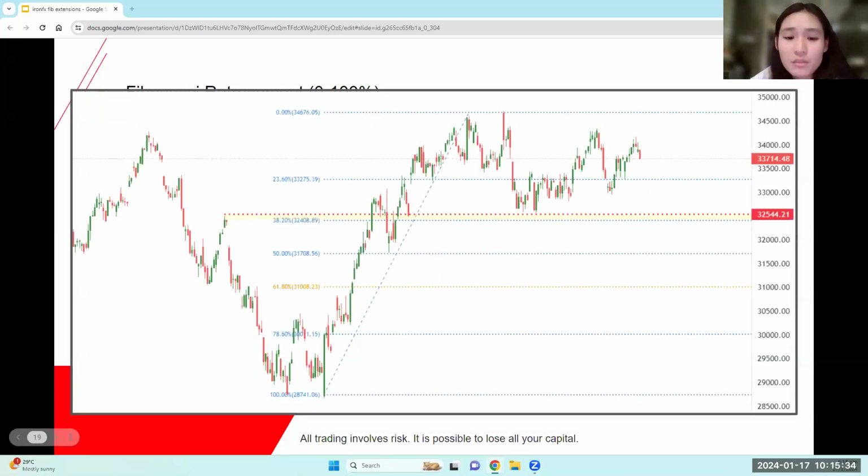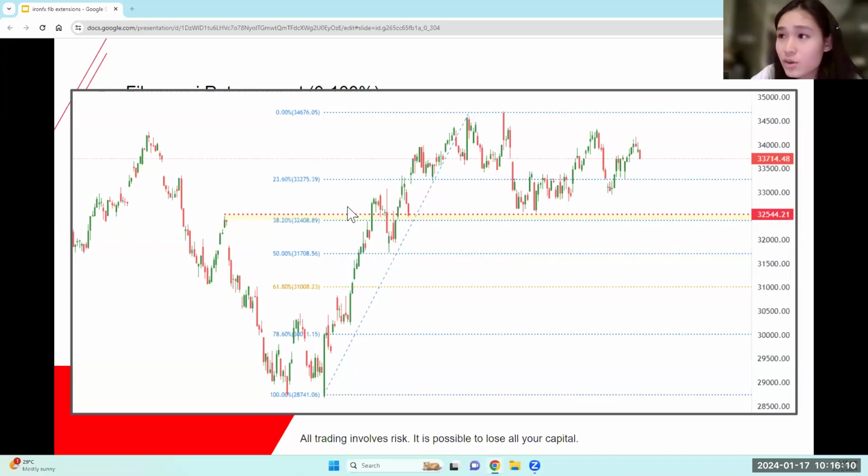Okay, here's another example. In this example, we're looking at the 38.2% Fibonacci retracement level, and this is in line with the overlap support at 32544.21. So you can see price bounced off of this highlighted area here. If you are unfamiliar with what an overlap support is, you can stay tuned for our support and resistance webinars where we go really in depth into overlap and pullback support and resistance.